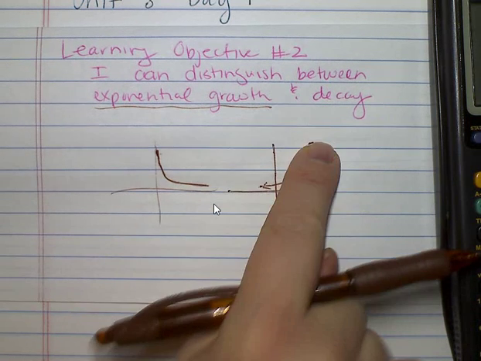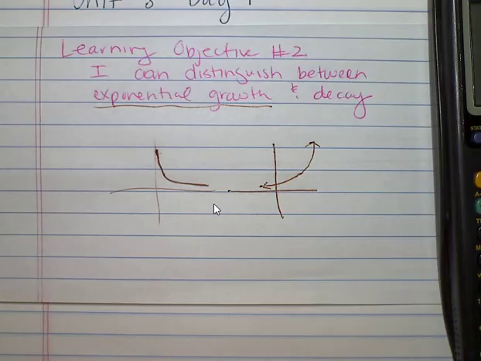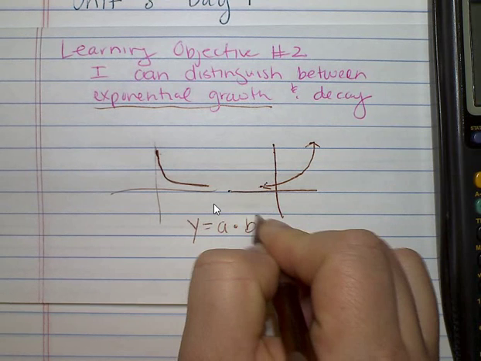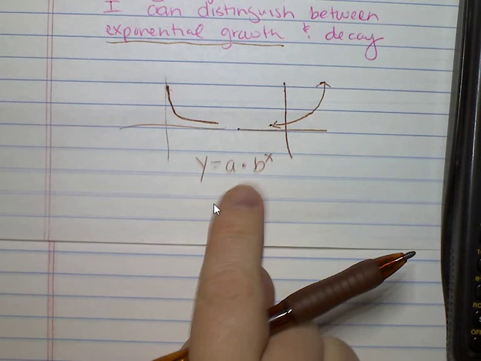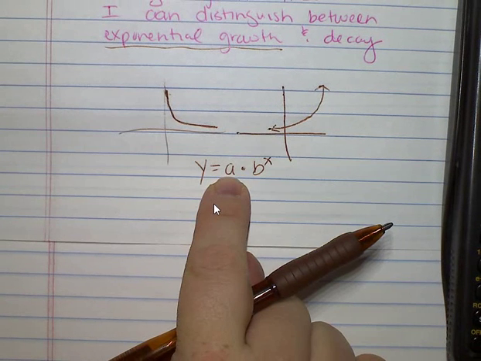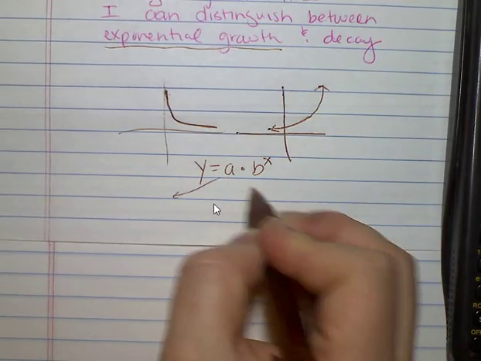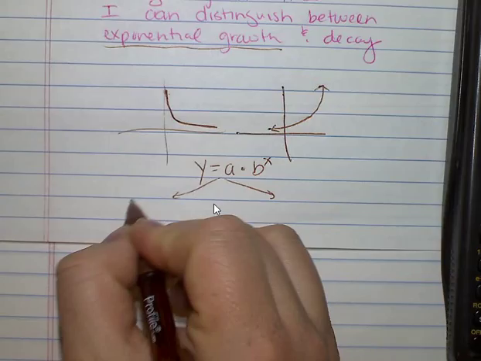Now, how can you tell when you look at an equation if it's growth or decay? This is something else you're going to want to write down. This A value has to be positive. In both situations, A has to be positive, so your A value is greater than 0.